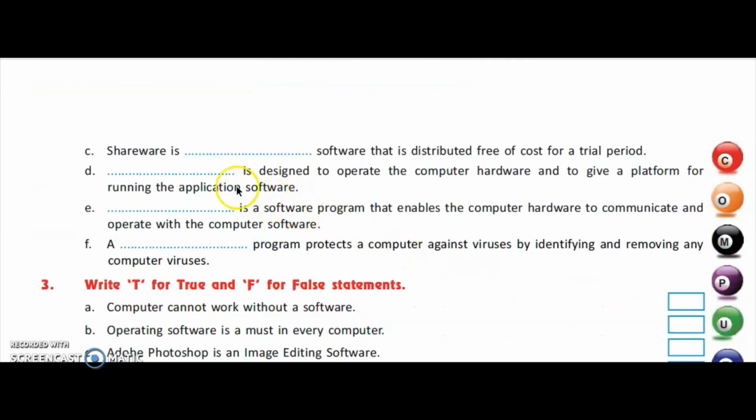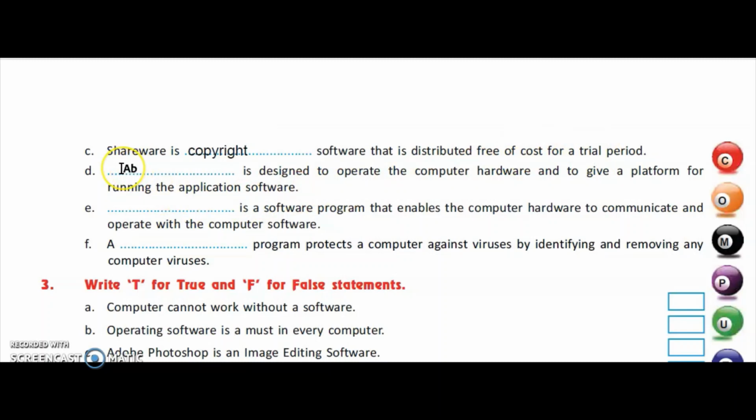Now the third fill up is shareware is dash software that is distributed free of cost for a trial period, and the answer will be copyrighted. Shareware is copyright software that is distributed free of cost for a trial period.